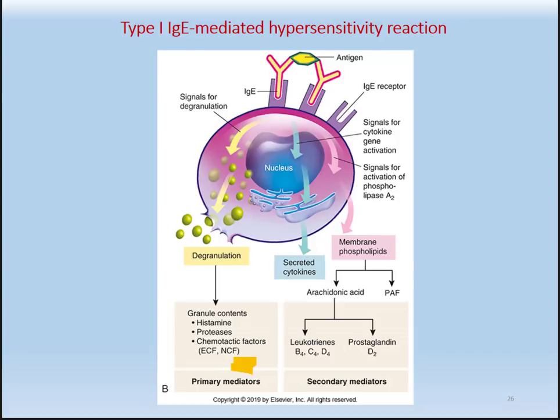This is showing you what happens when the eosinophil releases histamine from its granules. Now, think of histamine as creating a lot of the symptoms that you experience when you have some degree of an allergic reaction. And what do you do when you have some degree of allergic reaction?